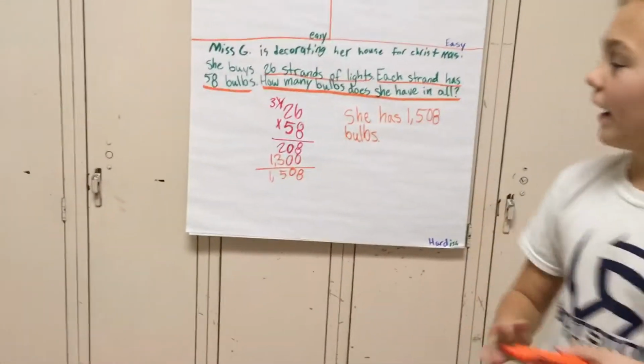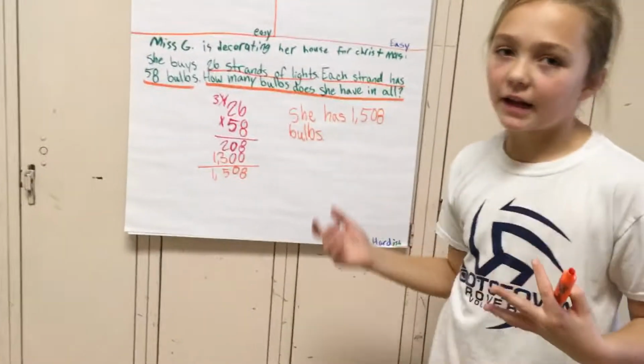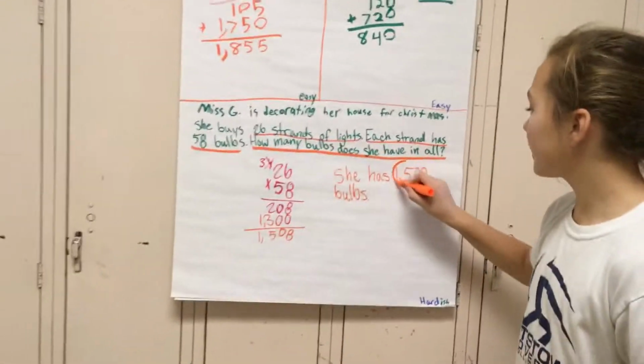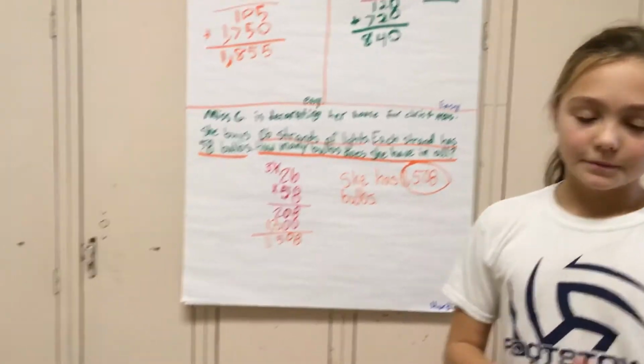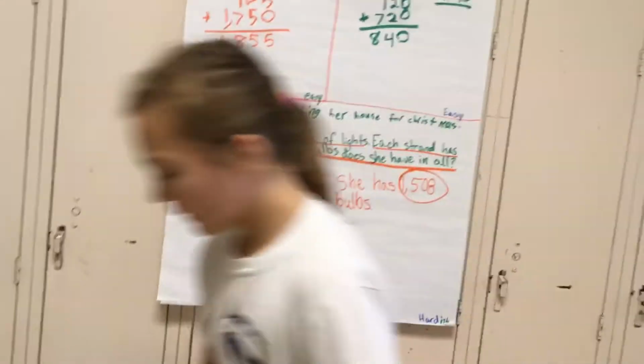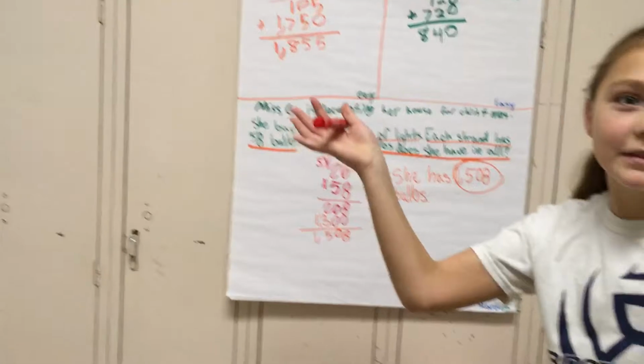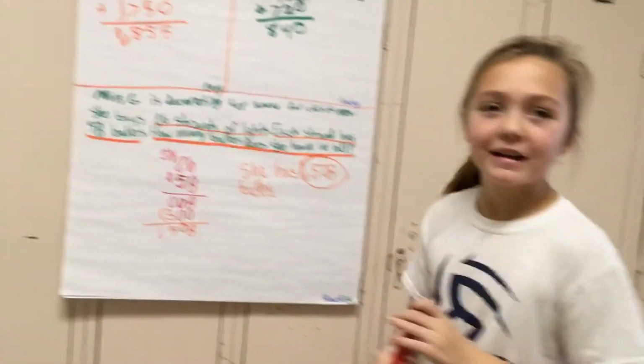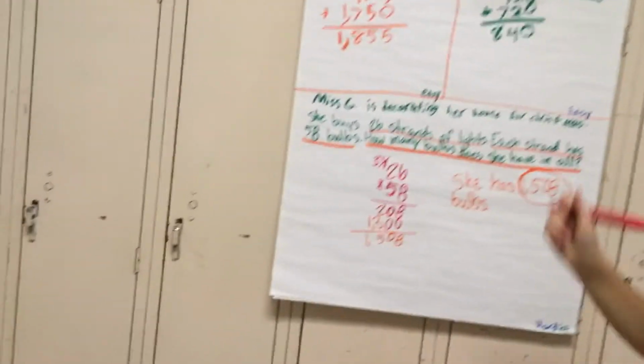It's important when you have a word problem that you actually state it instead of just writing 1,508. Because then they're not going to know what you mean by that. It could have been 1,508 teddy bears, 1,508 chickens, 1,508 lockers, things like that.